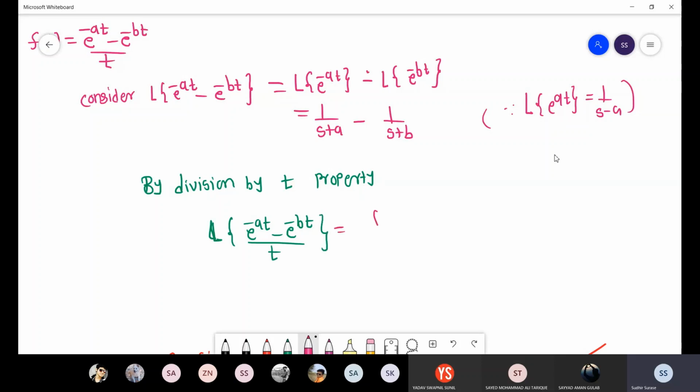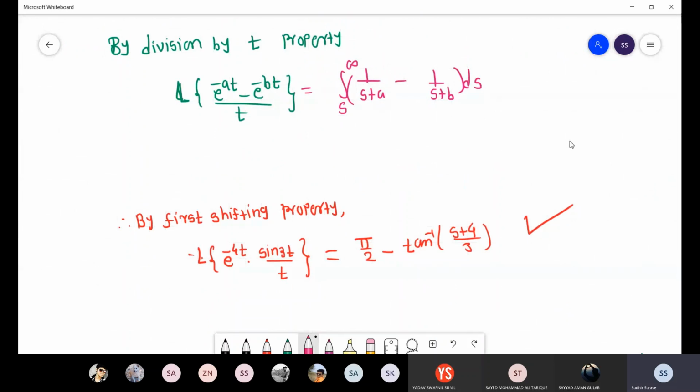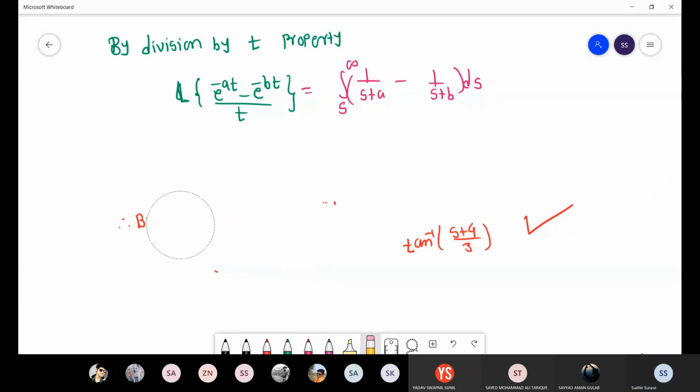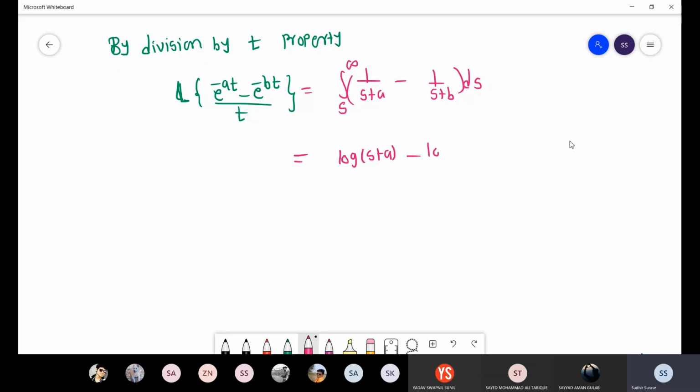So you have to take the integration from s to infinity of 1 upon s plus a minus 1 upon s plus b with respect to s. And so it is equal to the integration of the first term, which is log of s plus a, the integration of the second term, which is log of s plus b, and it varies from s to infinity.